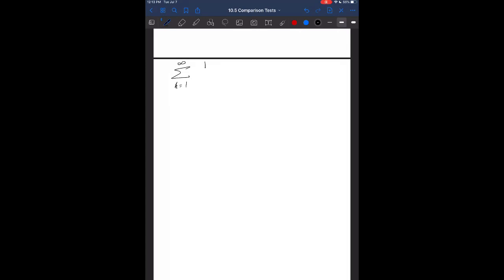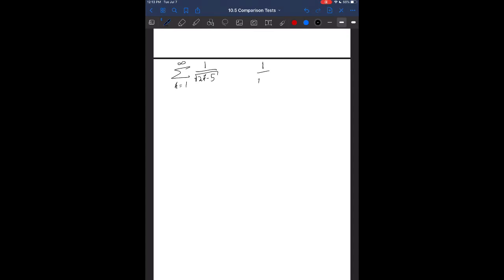Now the example is going to be the sum from k equals 1 to infinity of 1 over the square root of 2k minus 5. Okay, so take a second to try to guess whether you think this is going to converge or whether you think this is going to diverge. Okay, so I'm going to claim that this is probably going to diverge.